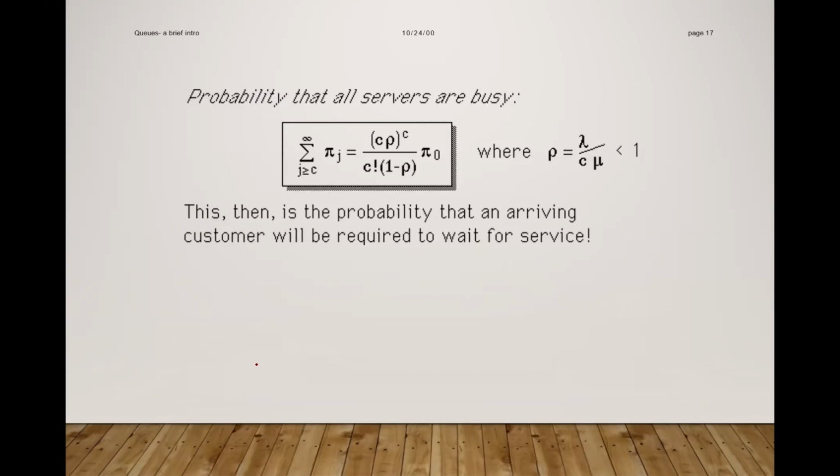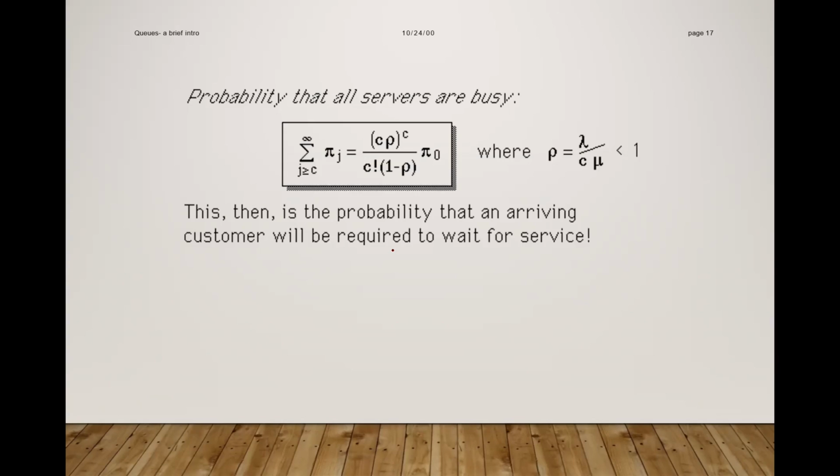And then the probability that all servers are busy, that j is greater than or equal to C, is C rho raised to C divided by C factorial over 1 minus rho times pi sub 0. This is the probability that an arriving customer will be required to wait for service. So that's the probability that when you enter, you have to wait.